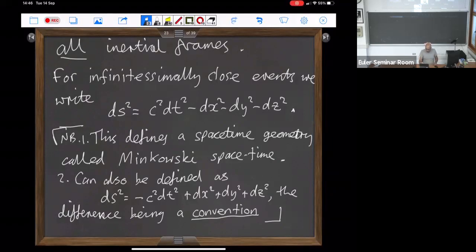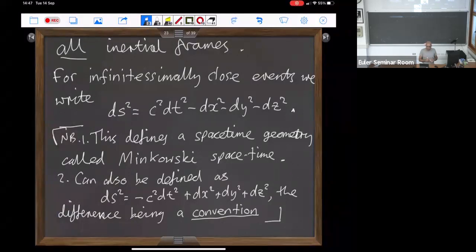So in the brackets here, there's a couple of notes. The second one is that I could have used a different sign convention. I could have had 1 minus sign and 3 plus signs. All that's important is that there's an overall relative difference between the space and the time. So just be warned, different textbooks use different conventions.